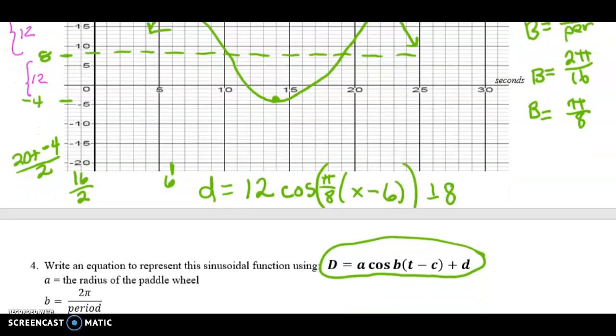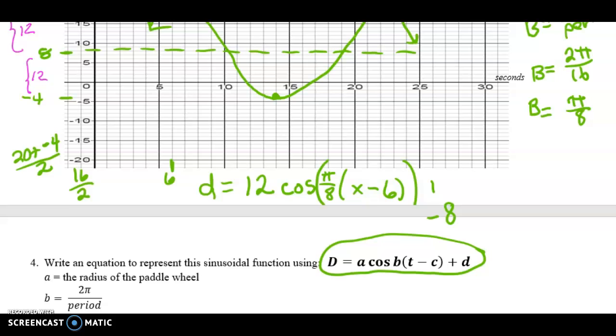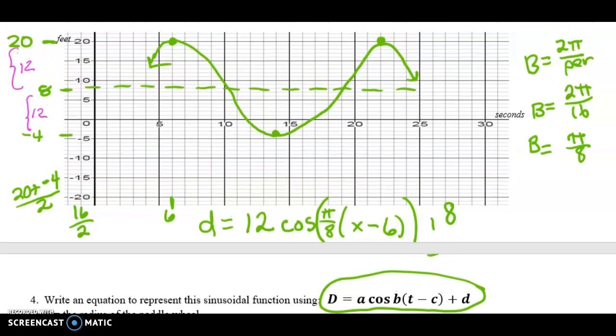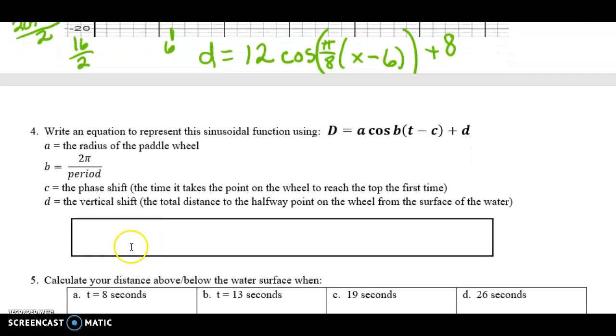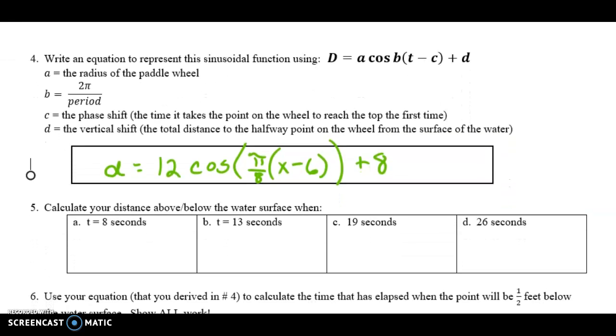Okay, we're going to rewrite that in this box. So we have d equals 12 cosine of pi over 8 times the quantity t - 6, plus 8. Okay, there's the equation.